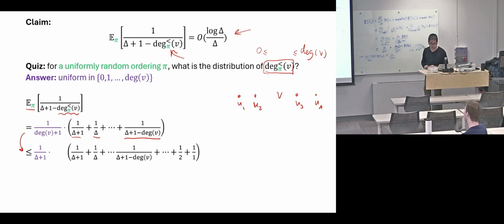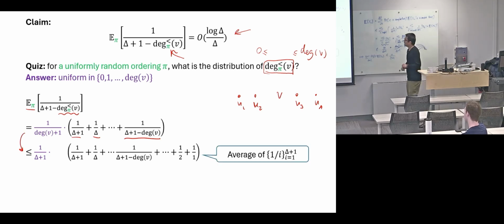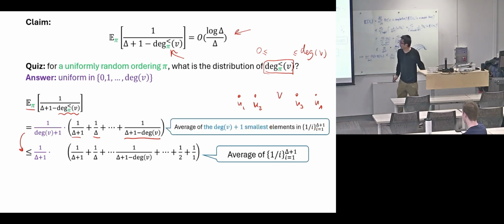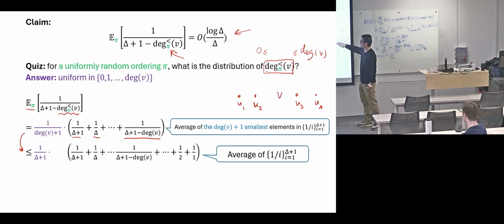How to say this? What is this expression? This is the average of 1 over i, for i from 1 to delta plus 1. But this is basically the same object, except that you take the degree of v plus 1 smallest elements from this set and then average.